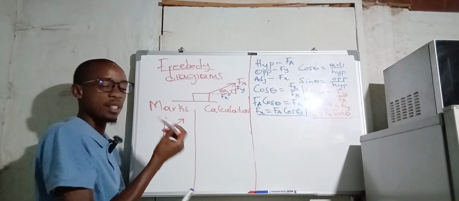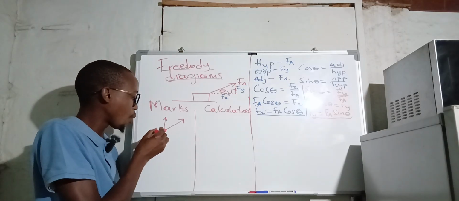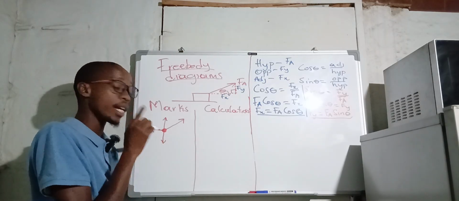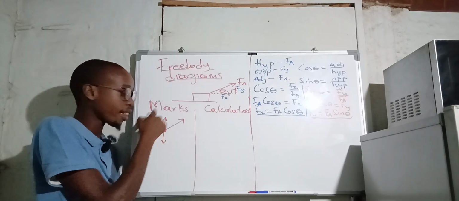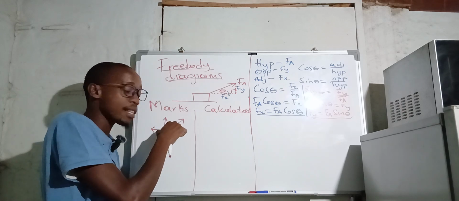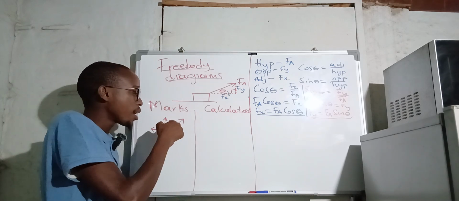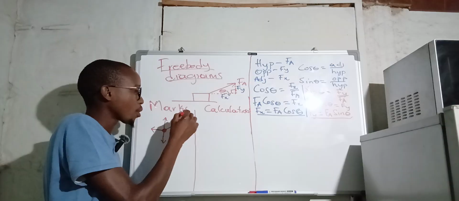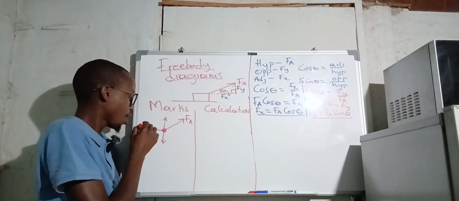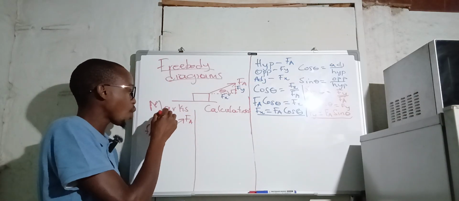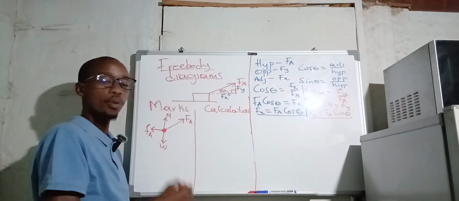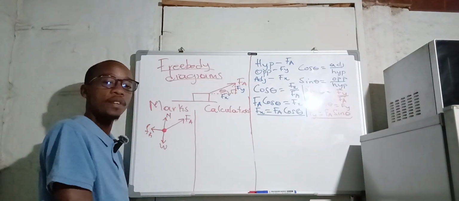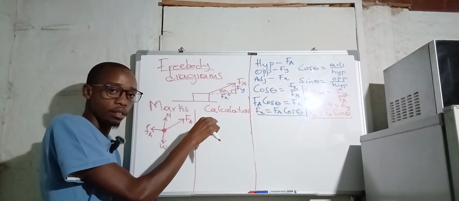And of course, maybe let's guess it's a rough surface, we are going to have a frictional force. Remember, frictional force has to be lesser in size than the force applied. I'm going to say force applied, Fk, normal force and weight. That's the free body diagram of the mass.